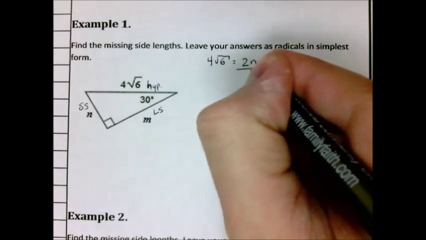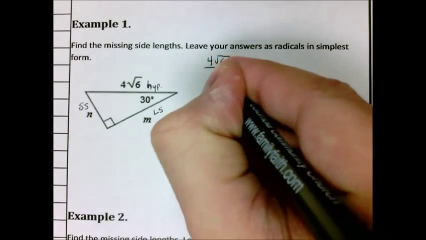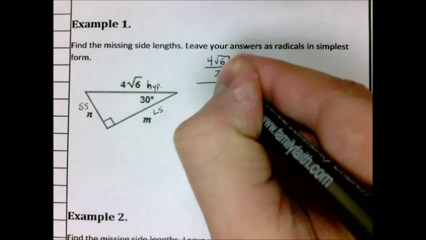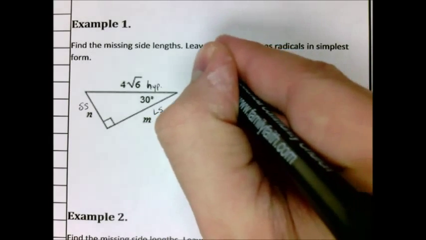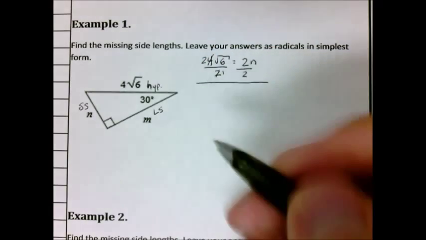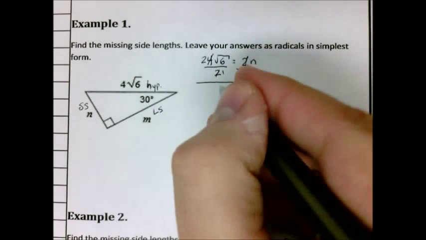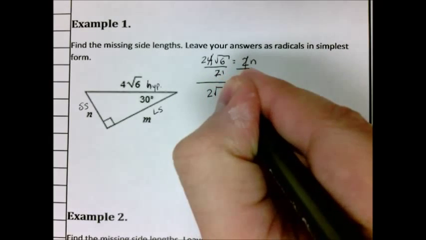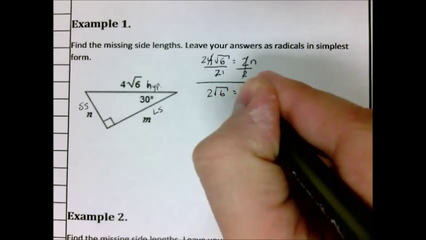We divide by 2 on both sides. The 2 cancels with the 4, because 2 goes into 4 twice, and we're left with 2 times the square root of 6 equals n.